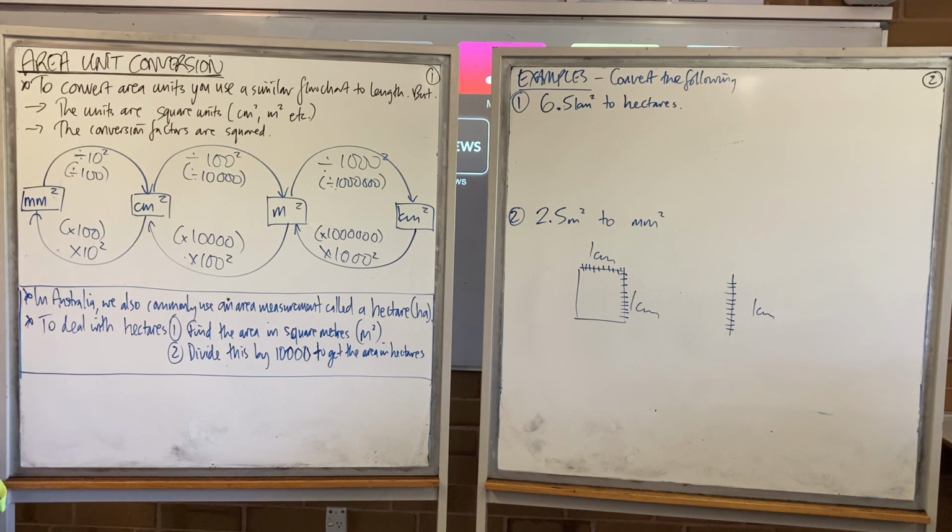It is the same flowchart, except all of the little factors in it are squared when you're dealing with area, not length. So can you just get that flowchart down, and then I'll talk about hectares.